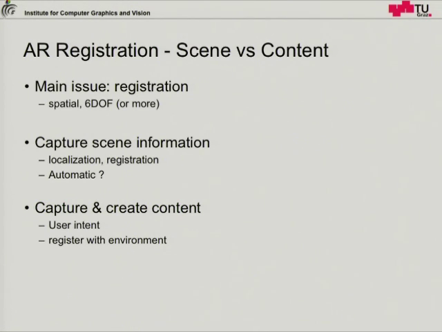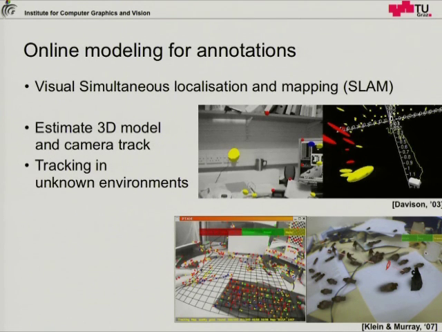And we think that this, particularly the scene capture, is something that the system should do on the fly and automatically without your intervention. It should not require the user to explicitly go out and take a lot of things. This also connects back to a lot of work in vision in recent years, particularly online reconstruction and SLAM, which provides a lot of the technical input into this problem.